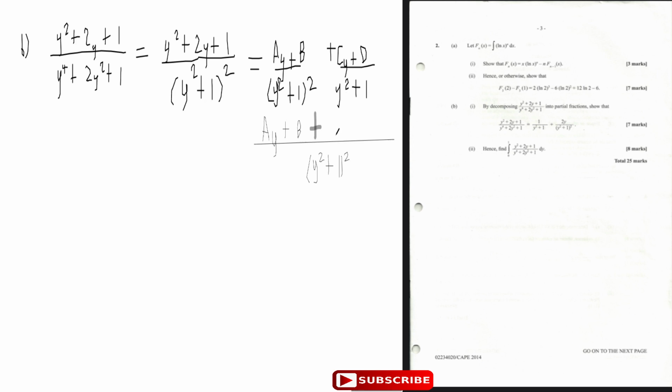Then this into this is going to leave cy plus d, being multiplied by y squared plus 1.